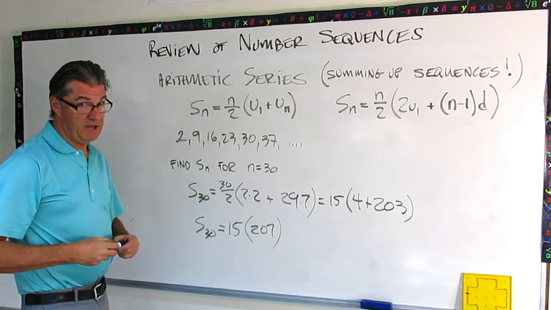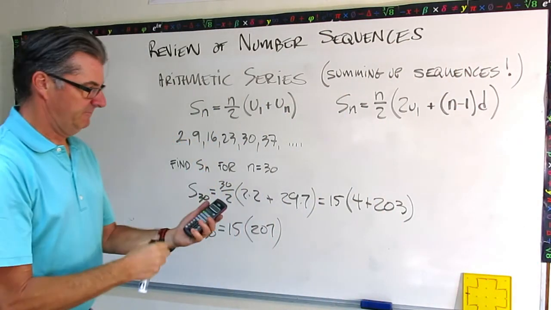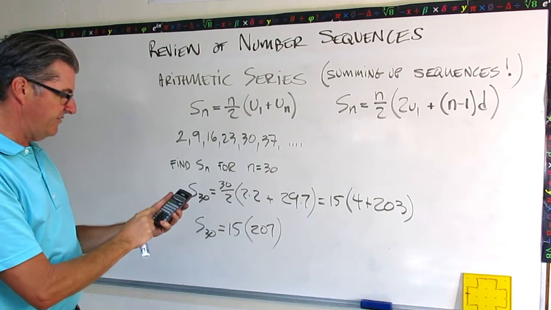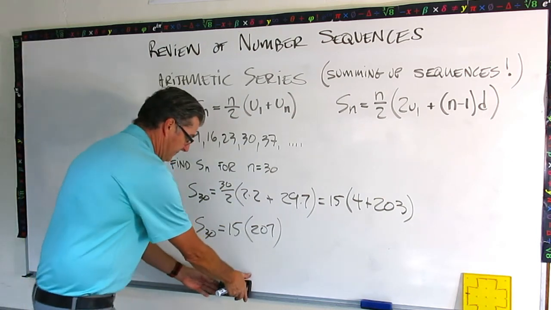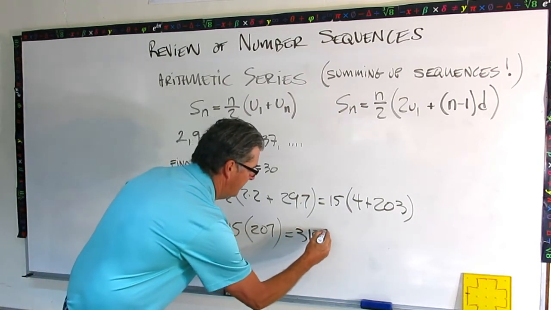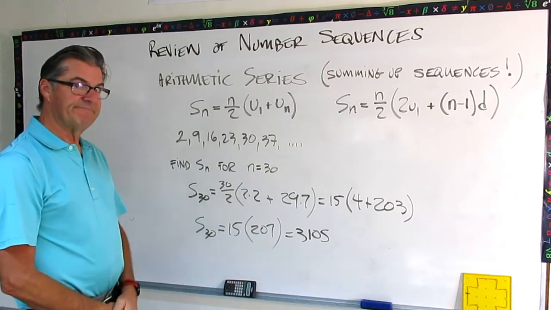Now I do need my calculator. Okay, 15 times 207 equals 3105. So that's the sum of this sequence.